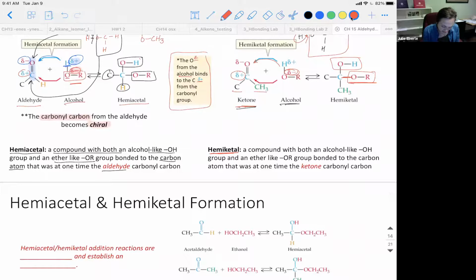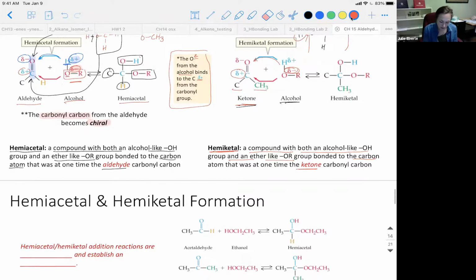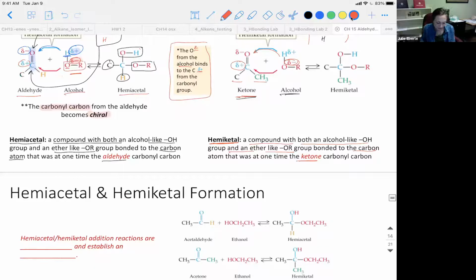What we formed is a compound with both an alcohol-like group, that's right here, and an ether-like OR group right here, bonded to the carbon that used to be the carbonyl carbon of the ketone. And that is what we call a hemiketal.